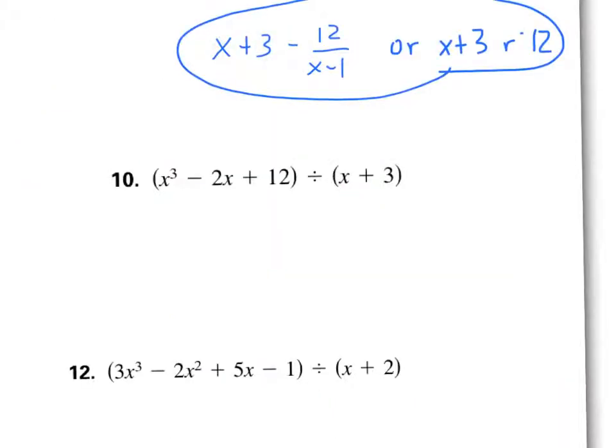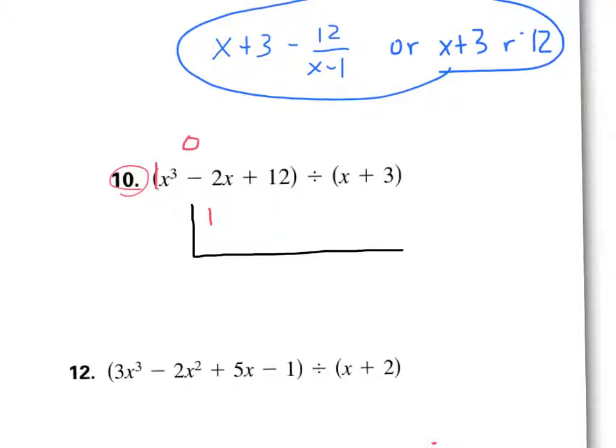Now let's take a gander at problem number 10. Now number 10 is interesting because we are missing what looks like the quadratic term. So it goes cubic, there's no quadratic, there's a linear and a constant. So what we're going to do when we place our numbers in here, just the numbers, we have to account for the term. So notice here, this one has a coefficient of 1, so 1 goes there.